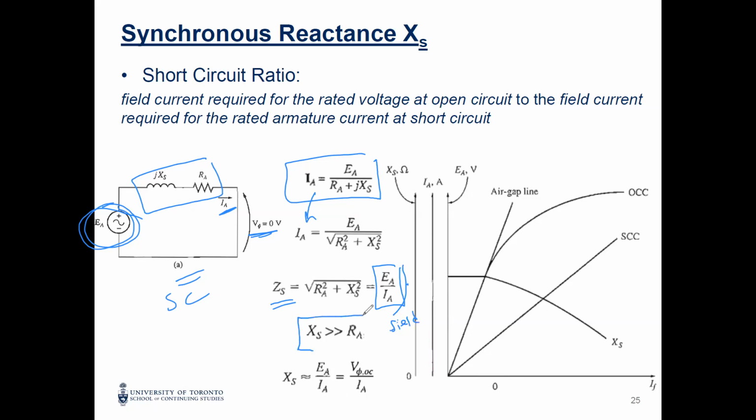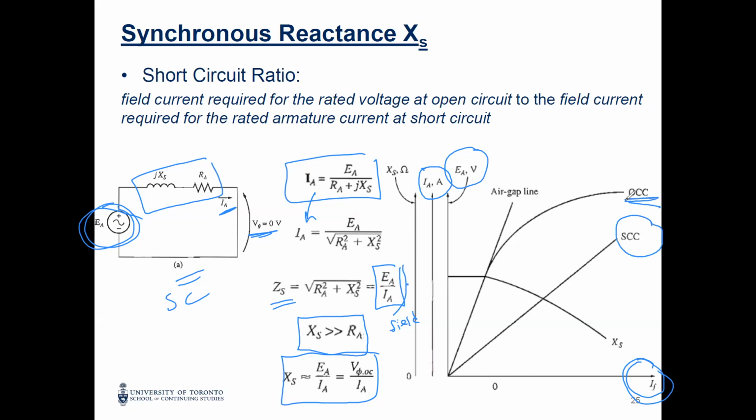Because XS is much larger than RA, you can actually ignore the RA. So on the graph, we have the IF versus the E. Okay, this is the open circuit characteristic. We have the IF versus the armature current, and this is the short circuit characteristic.